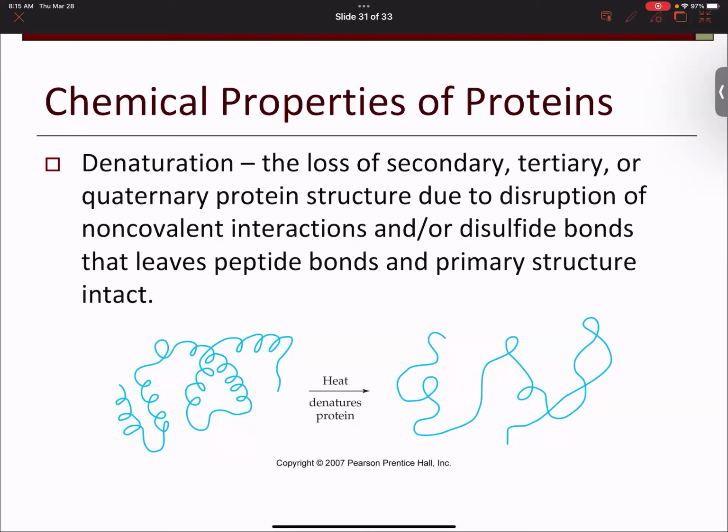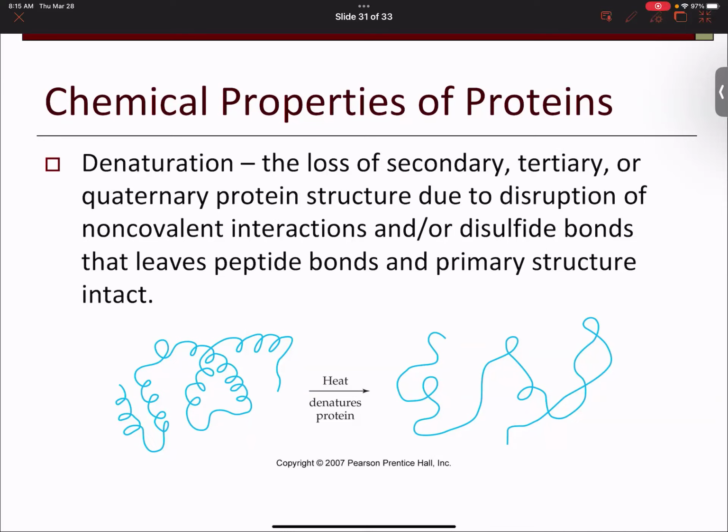We could add in something that is going to break that salt bridge, something that the positive is going to prefer to react with, or something that the negative is going to prefer to react with in the salt bridge. So basically, one opportunity is to denature, and to disrupt all of those forces that come together.